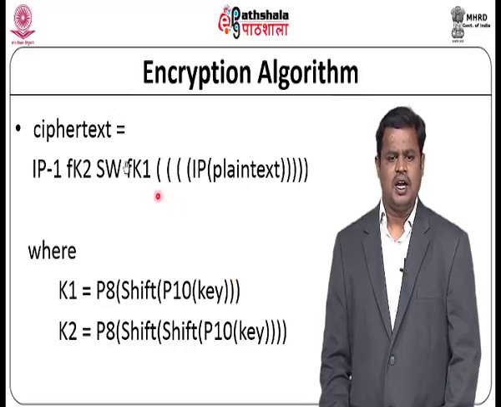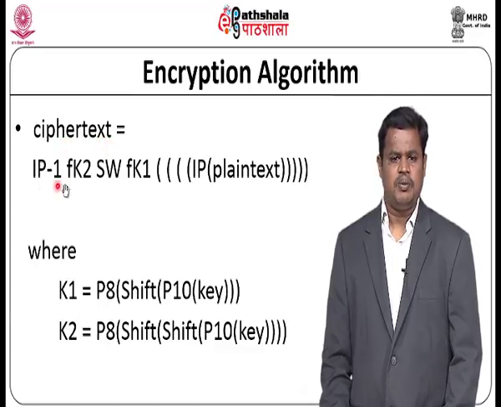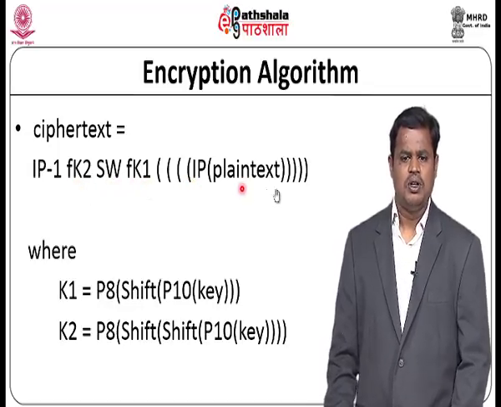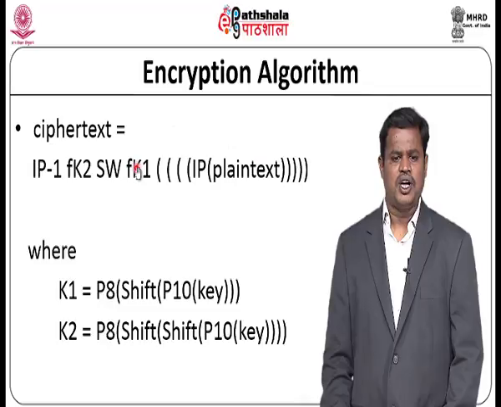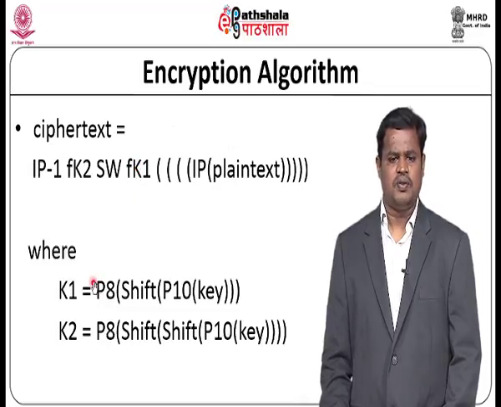How we generate the ciphertext: first I apply the initial permutation to the plain text, then I apply the function K1, with the help of key 1, and also swapping, then I go for function K2, which uses key 2, and then the inverse permutation is the last step.